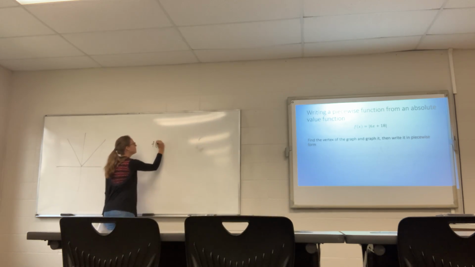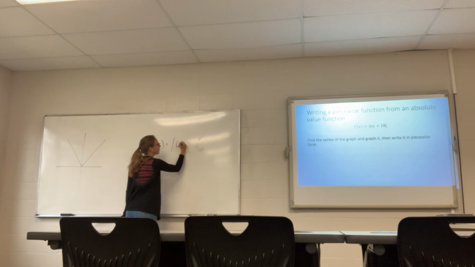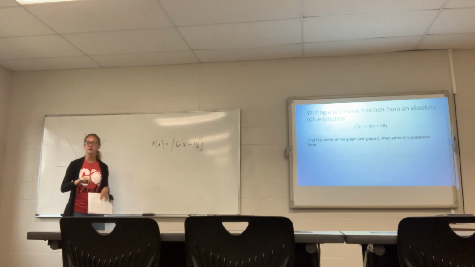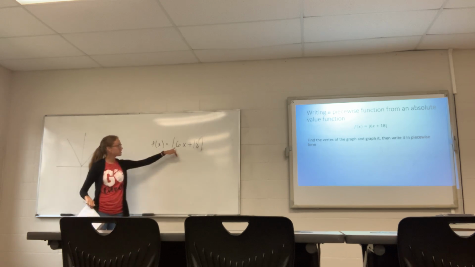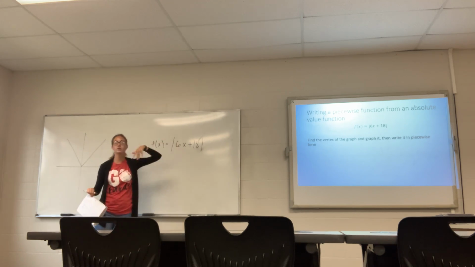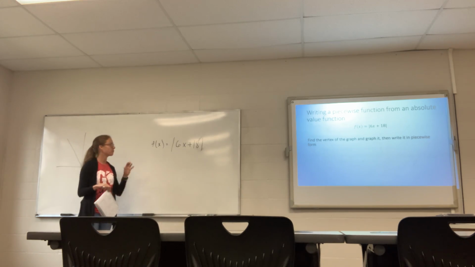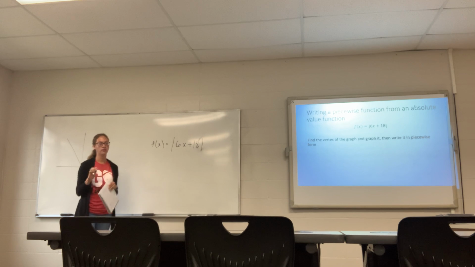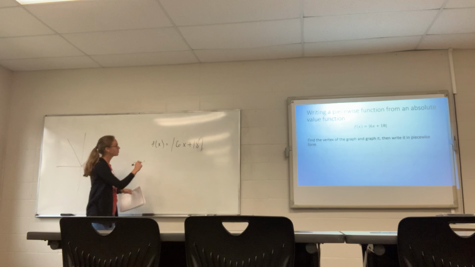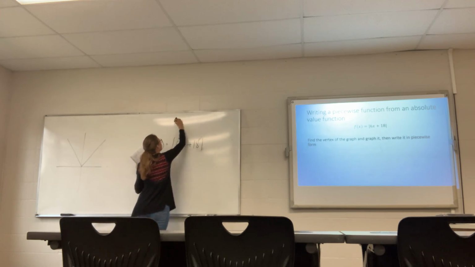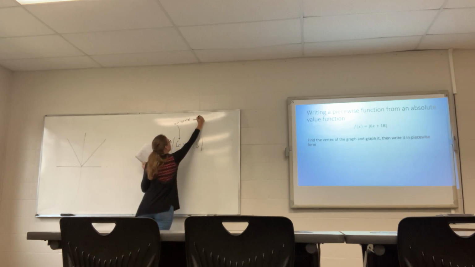So this 6 that's inside on just the x, what's that transformation? Is it gonna be like a vertical or a horizontal? And a stretch or horizontal shrink? Yeah, so it's gonna be a horizontal compression. So this 6 right here is a horizontal compression.